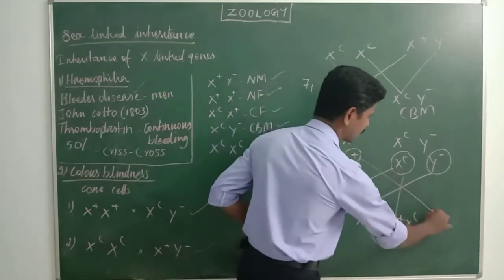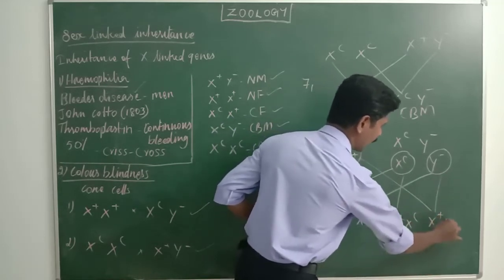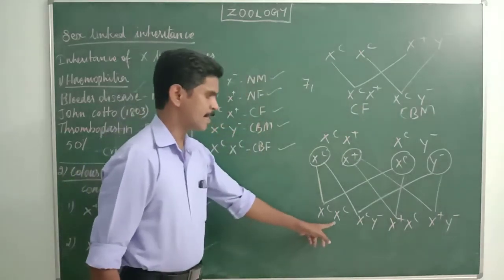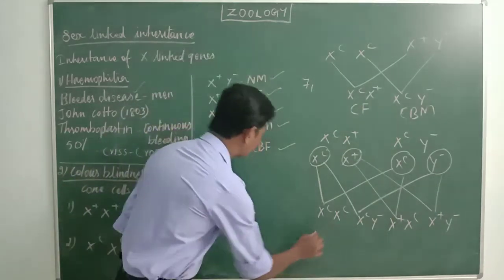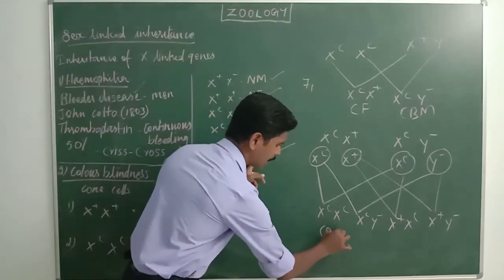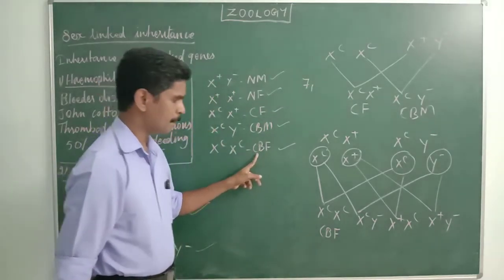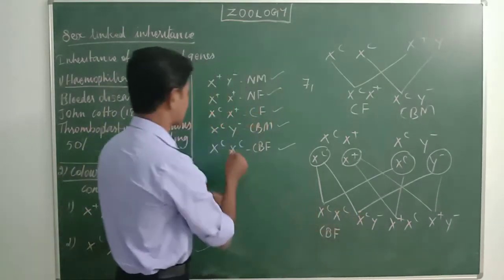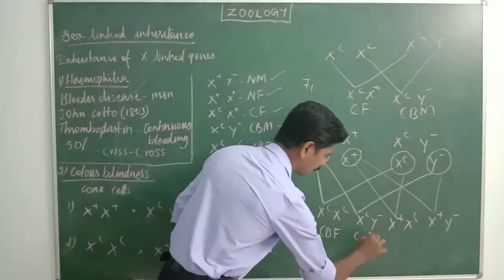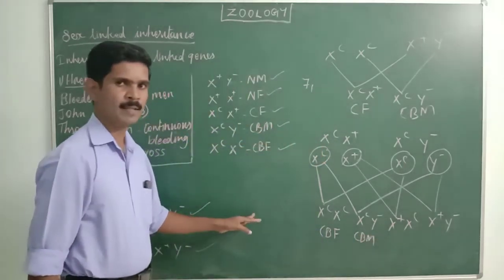Suppose this gamete is fused with this gamete, X plus and Y minus. XC, XC is a colorblind female. Then XC, Y minus is a colorblind male.